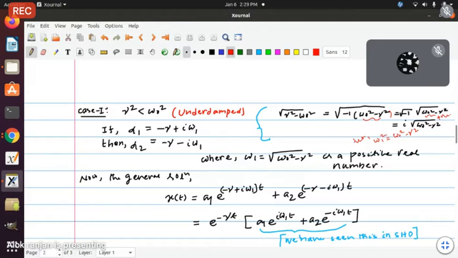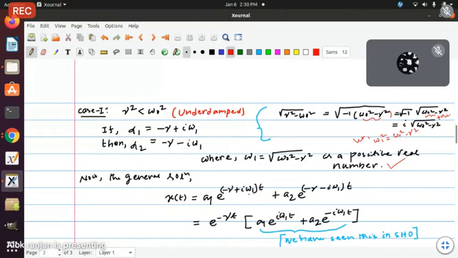This omega 1, as I said, is the square root of omega naught square minus gamma square, and it is a positive real number, because omega naught and gamma are real. Now the general solution will be the linear combination: A1 e to the power minus gamma plus i omega 1 t, plus A2 e to the power minus gamma minus i omega 1 t.